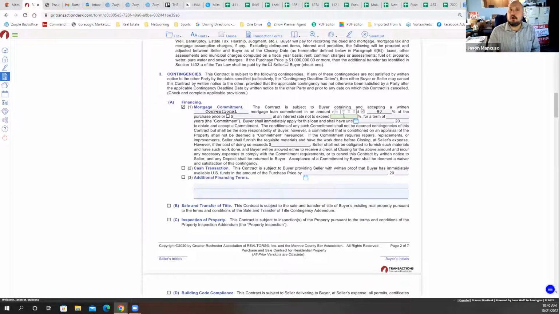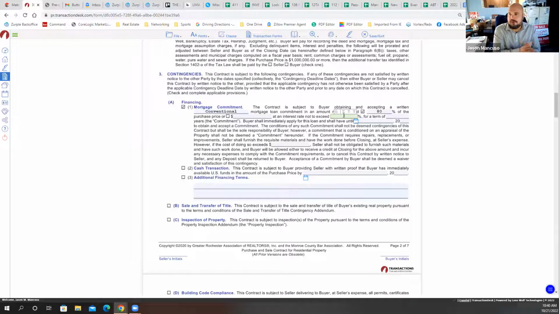But there's an element of play here of protecting yourself as an agent in the deal so that things aren't just down to the penny with a buyer. Now, that's a conversation you have to have with the buyer. You don't want to explain it like I just did, that I need to protect myself so I can get paid, right? But you just want to explain to them, right now you're looking at 7.5%.